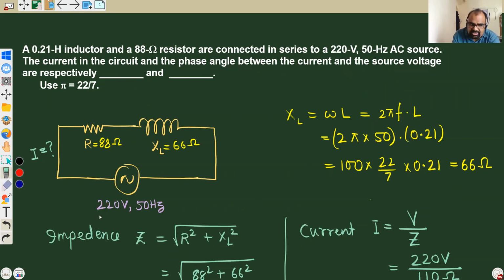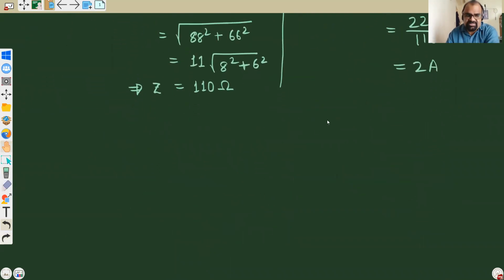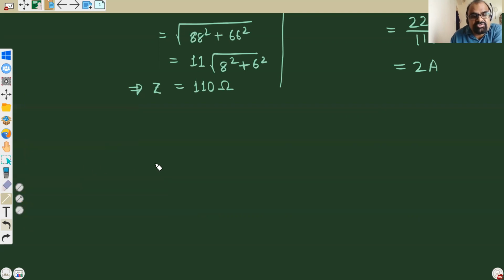So this source voltage and this current, what is the phase angle? For that, again, we can use a formula, but we should draw the phasor diagram. In the phasor diagram, the first phasor we should draw is always the current phasor.